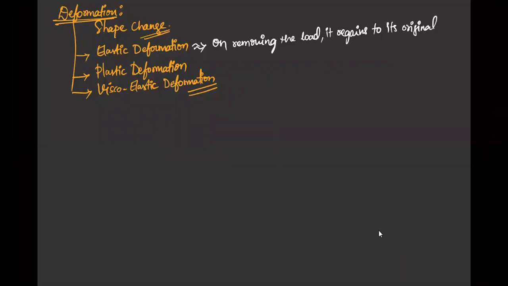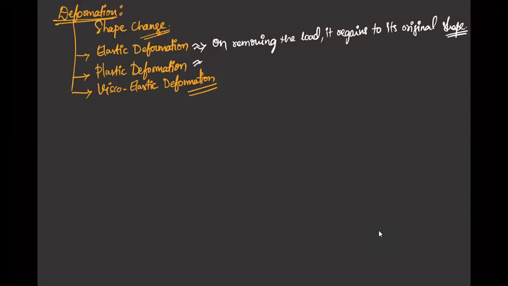What is this load? It's a new term which we use. Load is nothing but some external force that you put on the body. If you apply some load on a body, it deforms, and immediately when you remove the load, it comes back to its initial position, that is, its original shape.